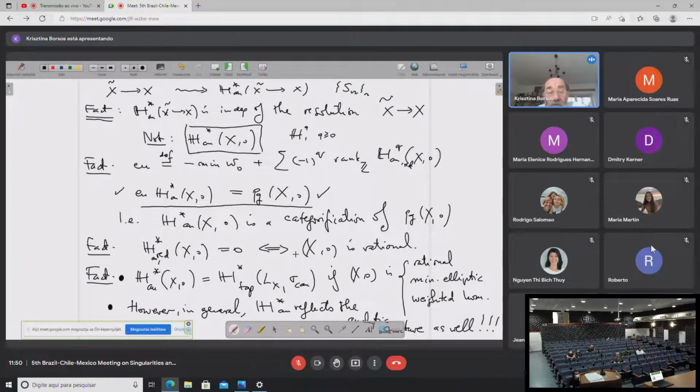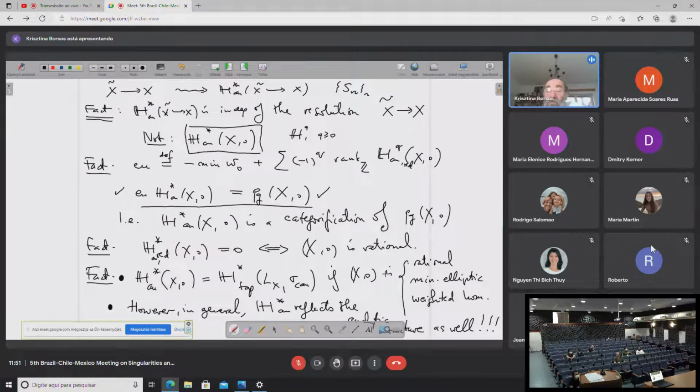For example, here the vanishing of the reduced part is exactly rationality, like in the case of the topological one. Actually, in the rational case, the analytic and the topological one are the same. So in the rational case, there is just the Z tower. Each Sn is contractible. Each Sn associated with the analytic weight function is contractible.